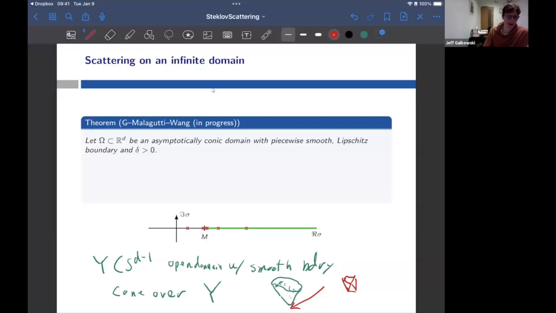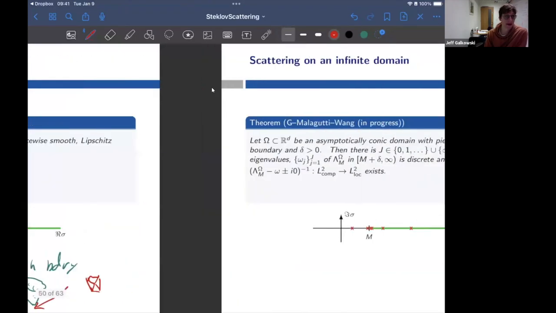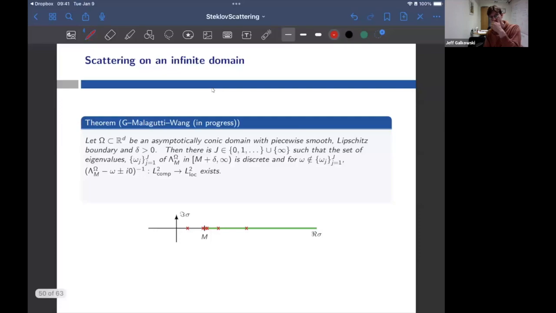Okay. So you have this asymptotically conic domain with piecewise smooth Lipschitz boundary, and you want to look at its spectrum. It's been known from work of Pankrashkin and Khalile that the continuous spectrum starts here at M and goes to infinity.